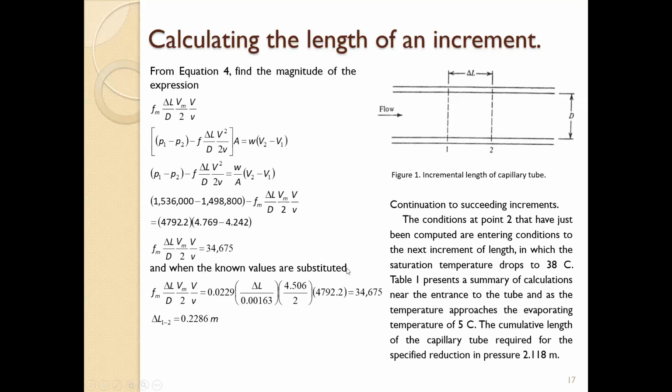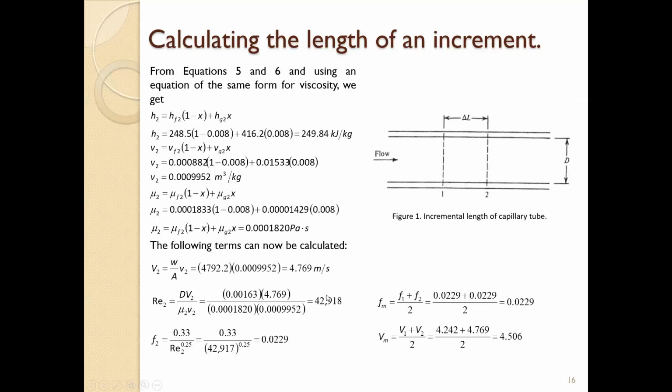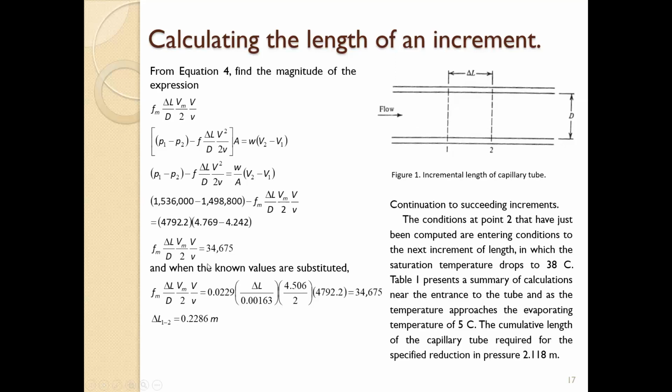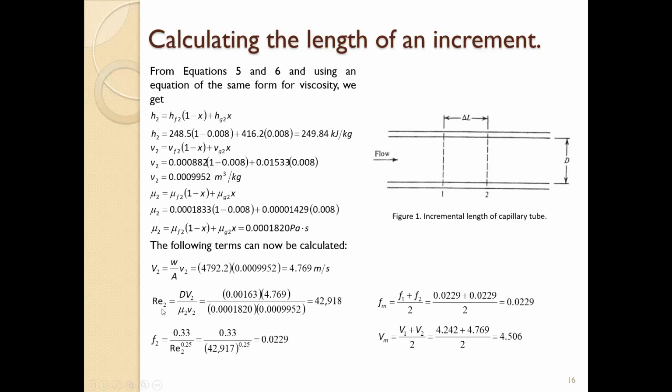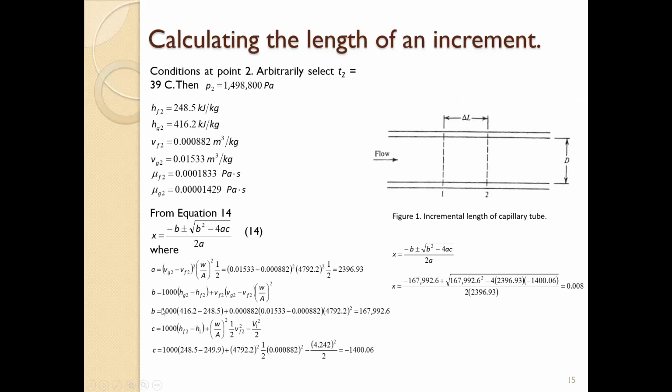And when the known values are substituted here, we get this. v over v is constant.